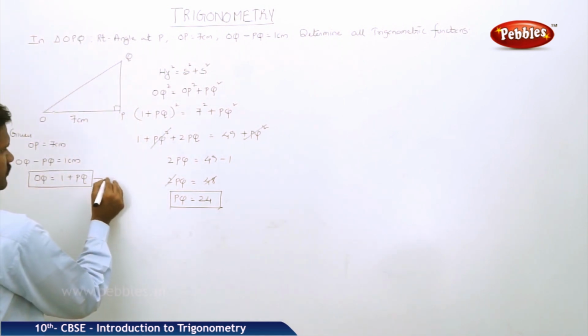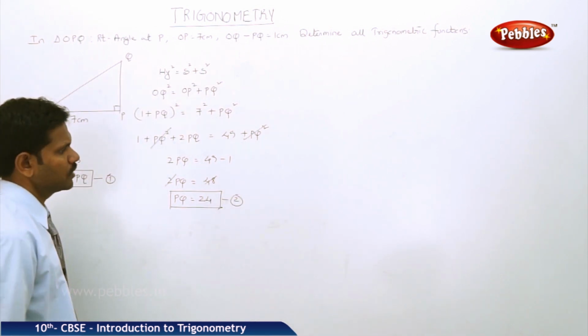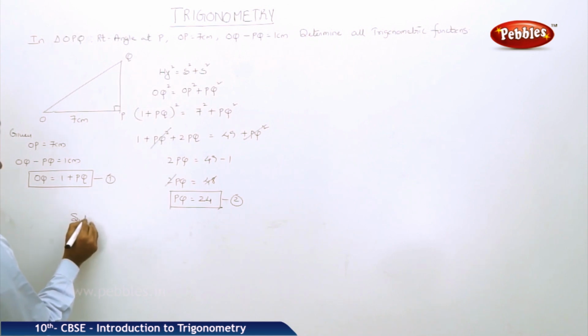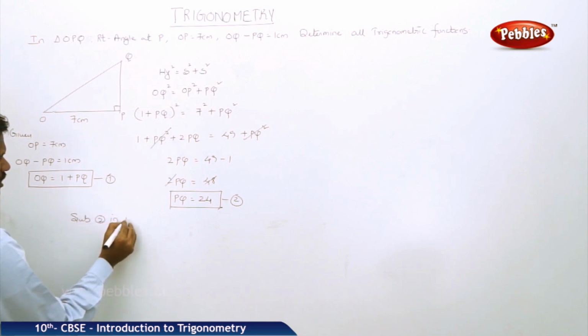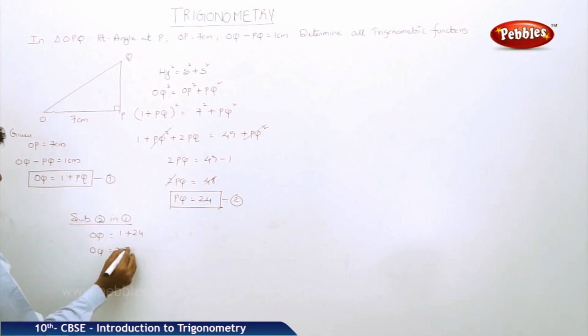Let us suppose this is equation 1, this is equation 2. Now substitute equation 2 in equation 1. That is, OQ is equal to 1 plus PQ, PQ being 24. That is, OQ is equal to 25.